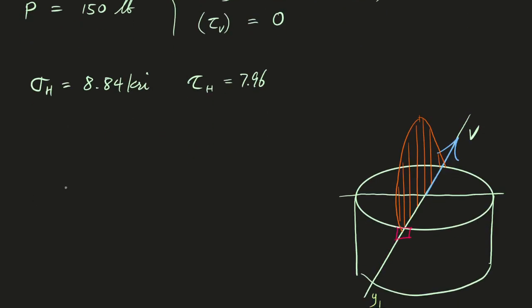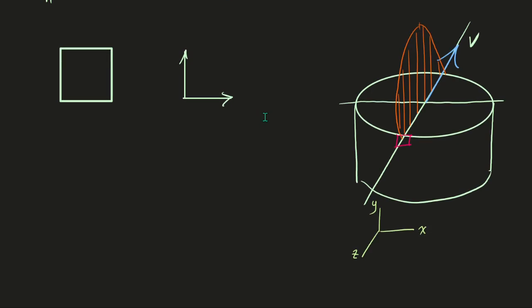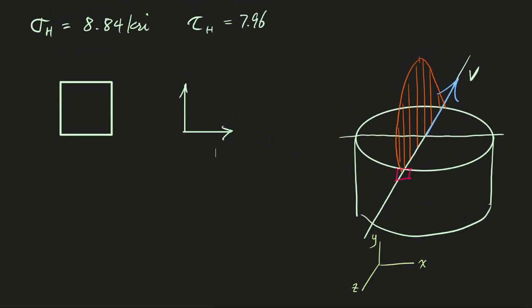We can now draw the stress element. Start with a square and label which direction is which. Let's look at the shear graph again and notice the element H is along the XY plane.